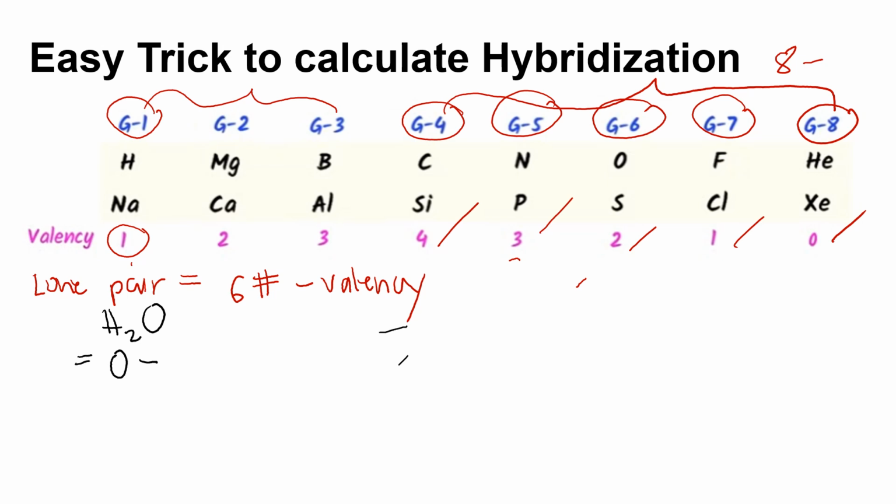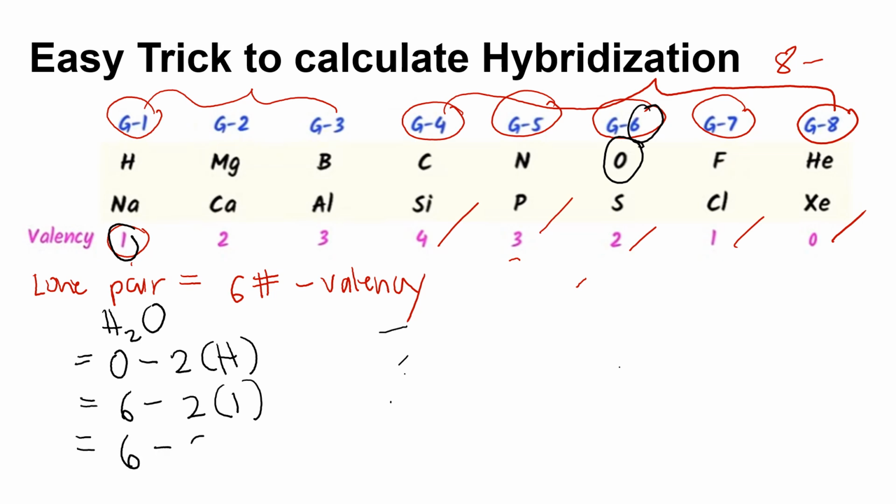So we have 2 hydrogens here. The group number of oxygen is 6, minus 2 times the valency of hydrogen, which is 1. Therefore, 6 minus 2 is equal to 4.